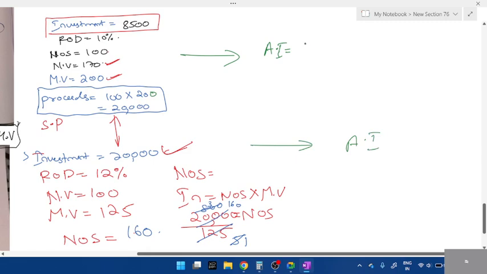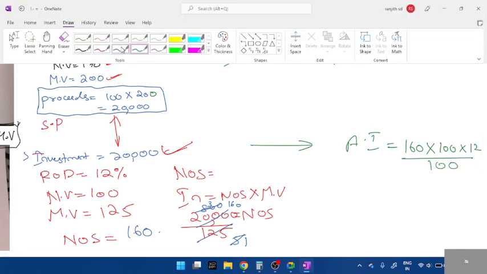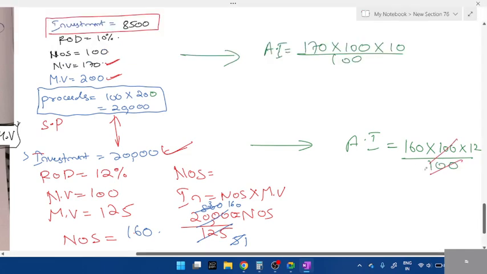What is the annual income formula or dividend formula? Number of shares into... here. What number of shares? 160 into... correct. Okay, 100 and 100.